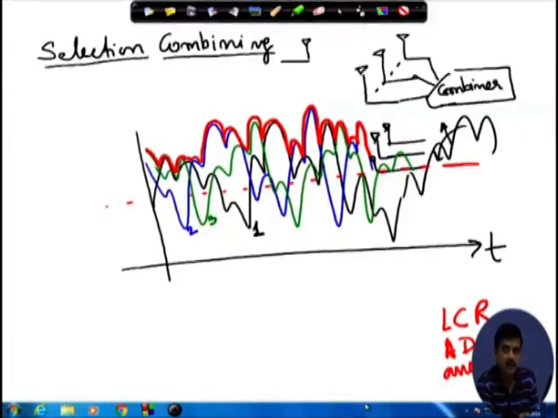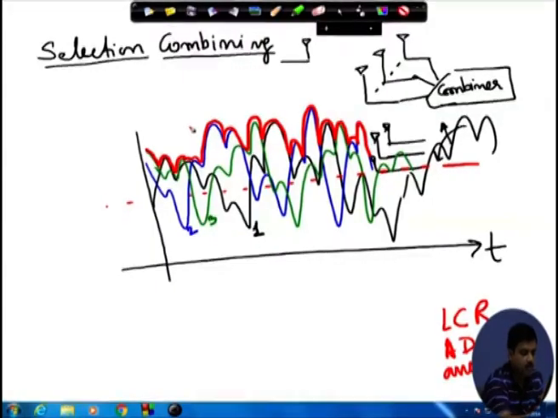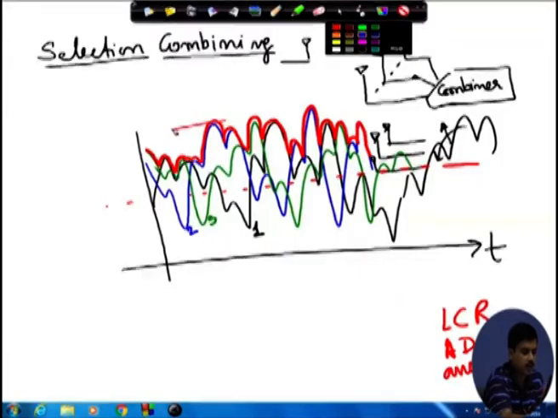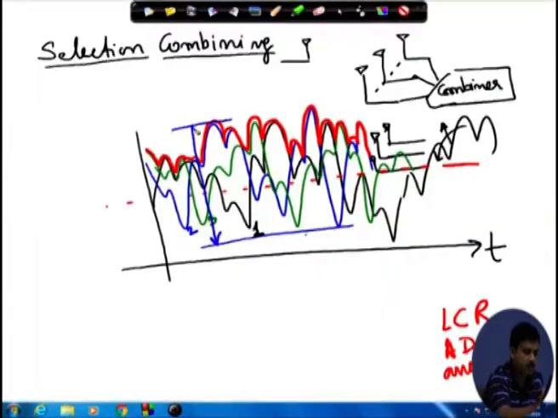And the next thing, which does not appear very straightforwardly from this, but if one looks very carefully, one can find it out. Let us follow the blue curve. The range of fluctuation is from this point to this point. So, this is the dynamic range of the blue signal.